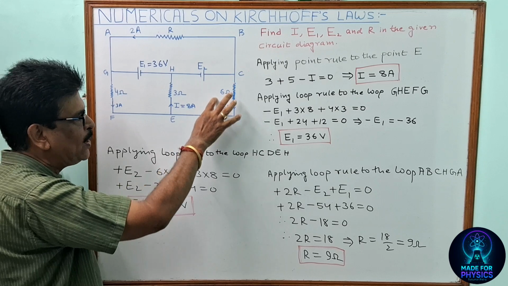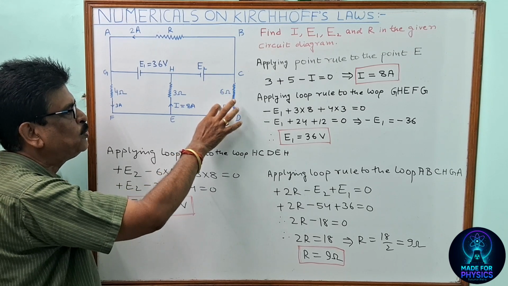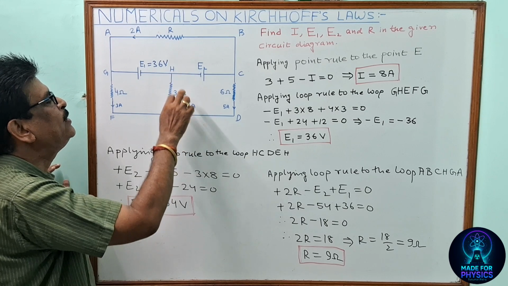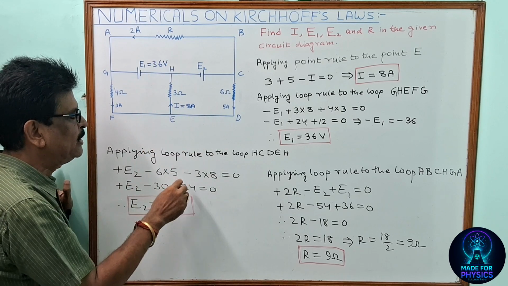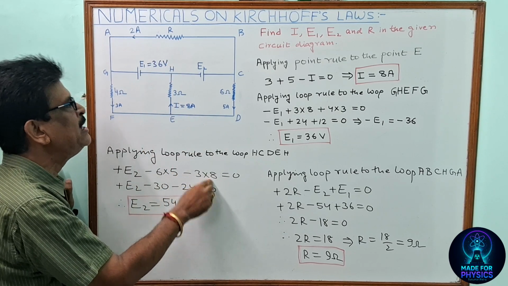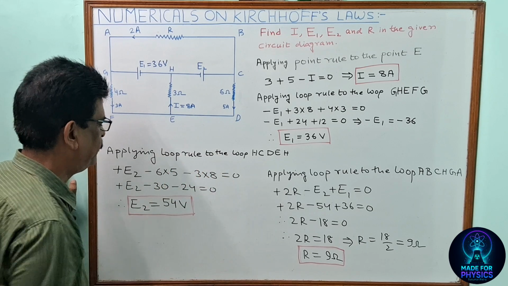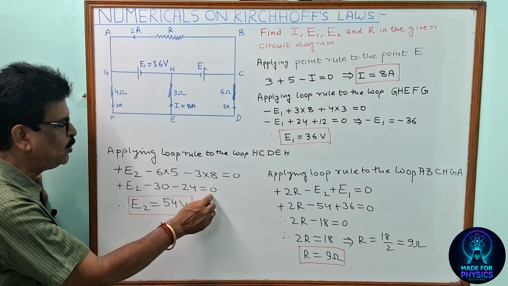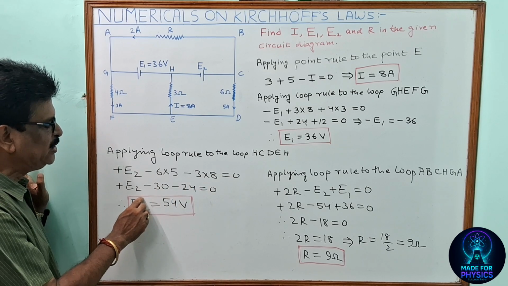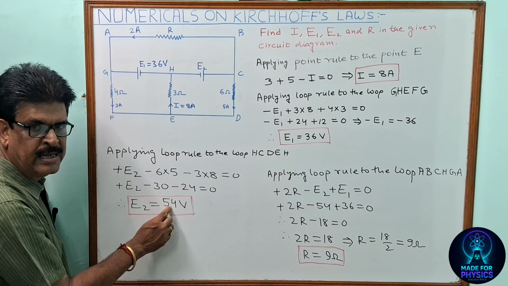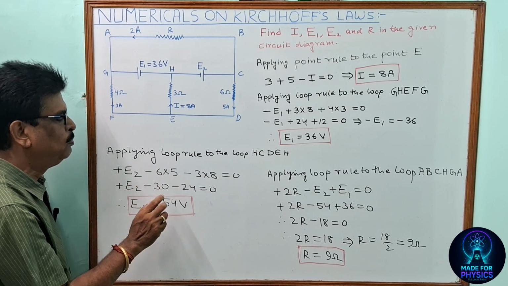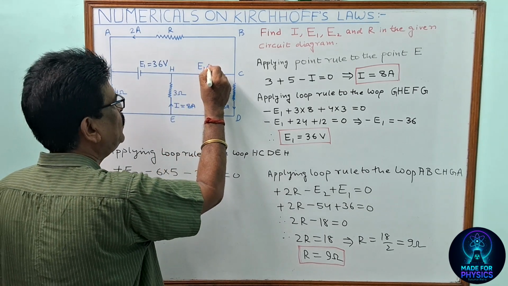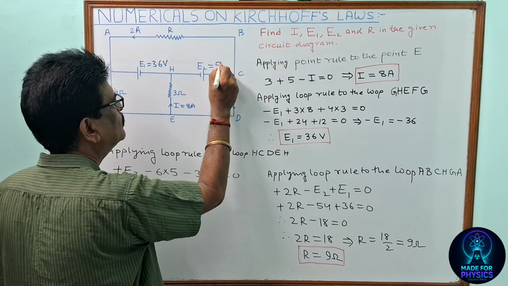Here we are moving along the direction of the current, so this product will be minus sign, so minus 6 into 5. Here again along the direction of the current, so minus 3 into 8. Back to the same point is 0. Therefore plus E2 minus 30 minus 24 is 0, and therefore E2 is equal to 54 volt. So we can write this as 54 volt.